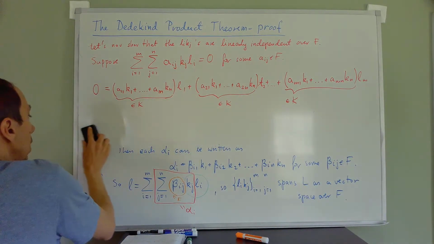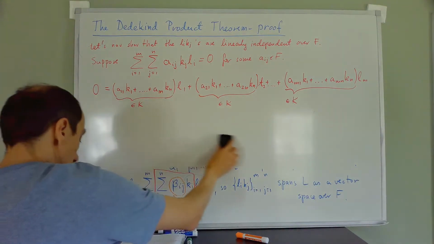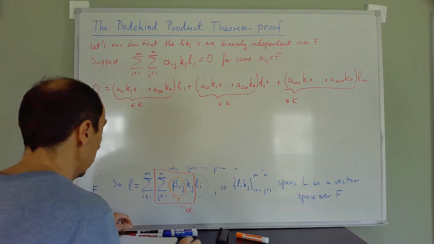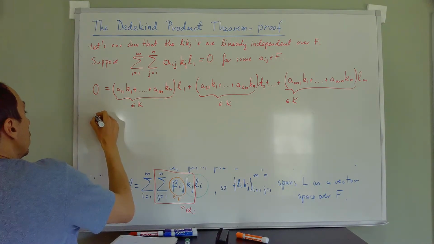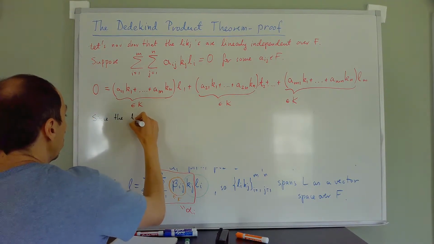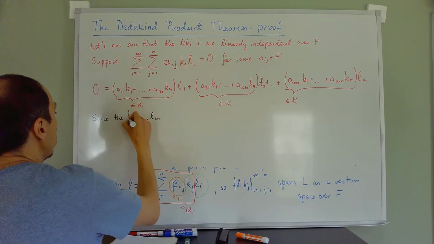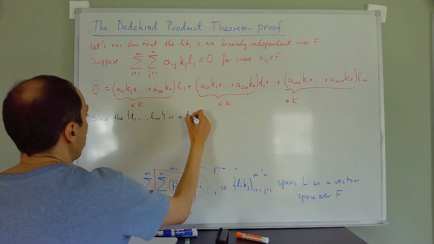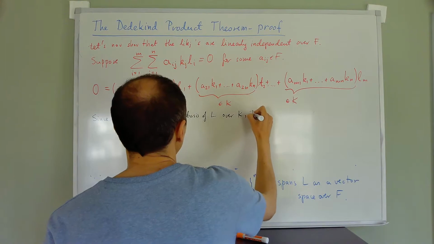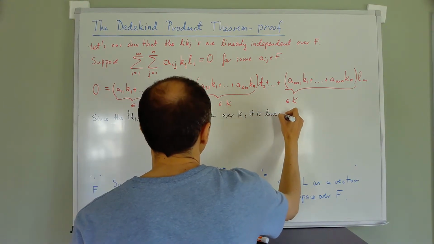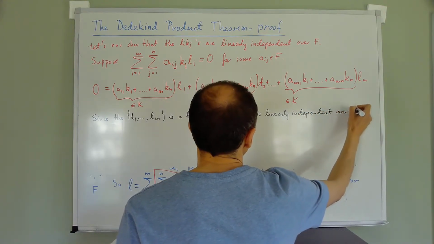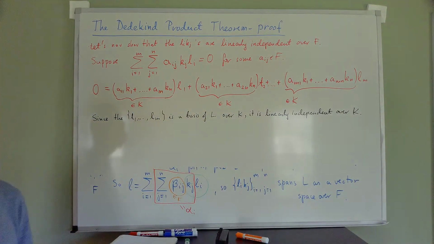All right. But since the set l_1 through l_m is a basis of L over K, it is linearly independent over K. And look what I have here.